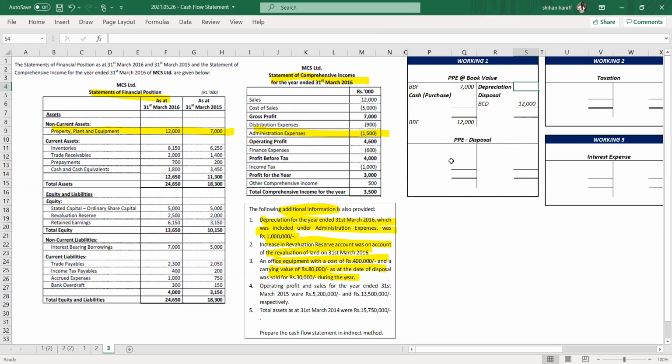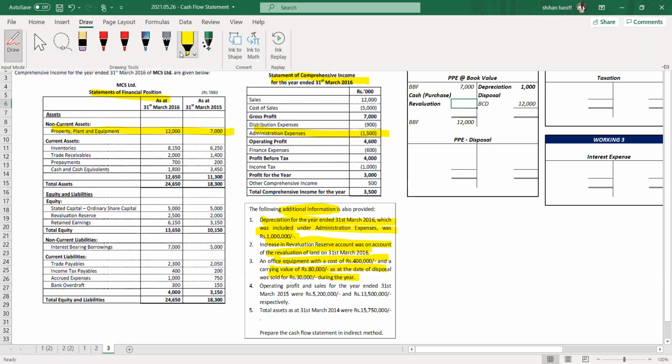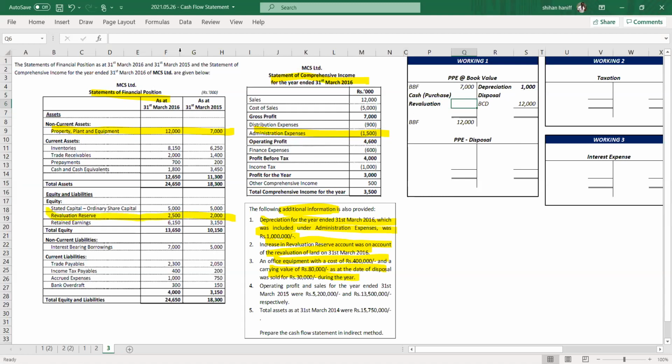Now let's do the transactions. Depreciation for the year is 1 million. Depreciation is 1,000. There is also a revaluation. Increase in revaluation account was on account of revaluation of land. Now, there is a revaluation reserve account. There is a 500 increase. Opening balance is 2,000, closing balance is 2,500.